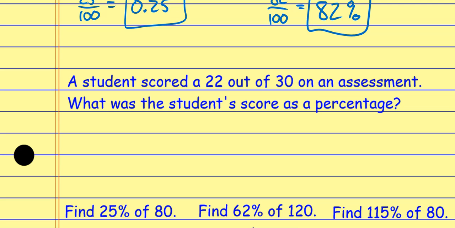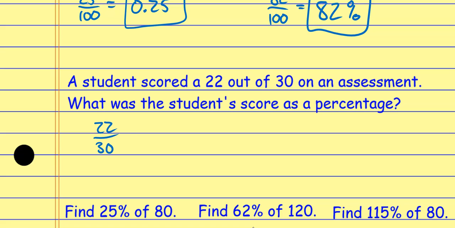For example, if I look at something like this, a student scored a 22 out of 30 on an assessment. What was the student's score as a percent? So 22 out of 30 is a ratio. It's a fraction of 22 over 30. So I do 22 over 30. And really, I just use my calculator for this. So plug it into your calculator here. Let me grab mine. 22 divided by 30.